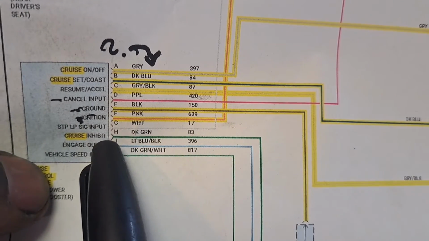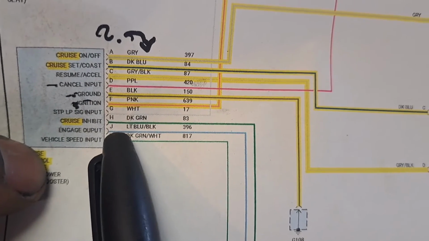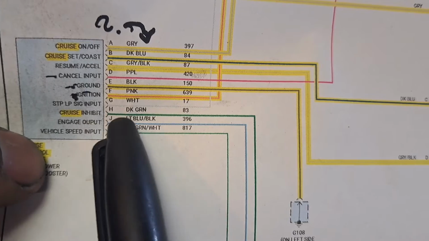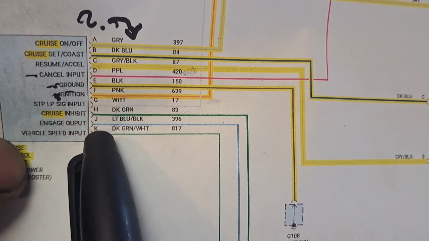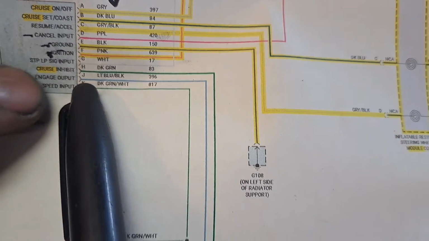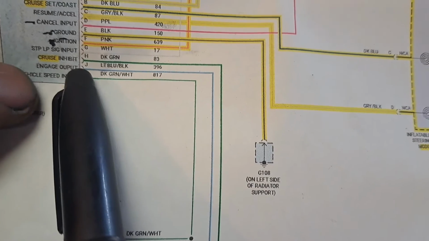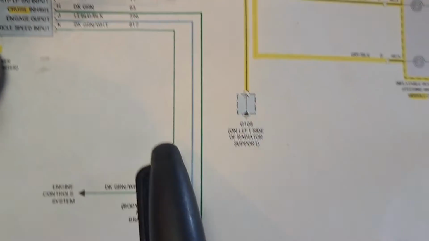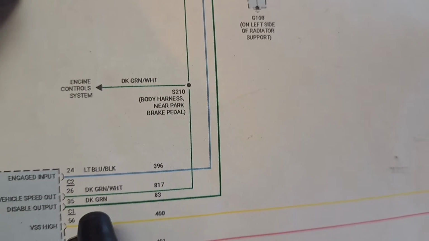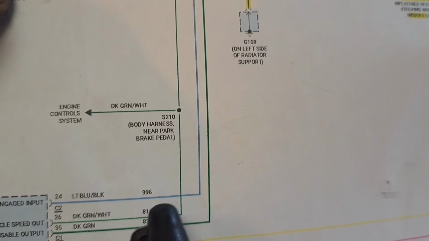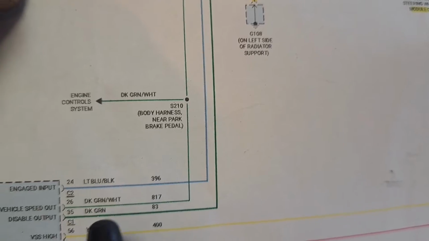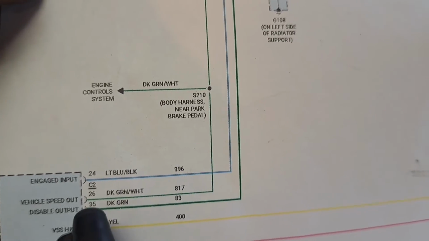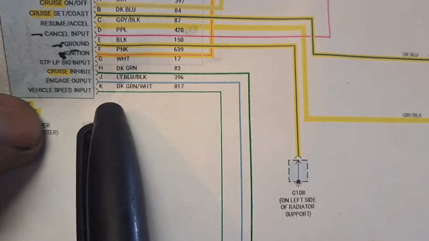We have jumped through the computer the cruise inhibit engagement out. That should just be confirmation, unless the vehicle speed has to be jumped also, because remember, after a certain amount of speed, it tells this unit to work.